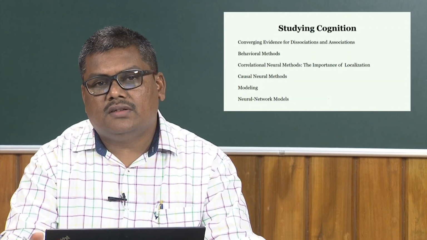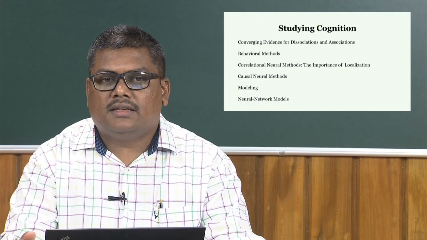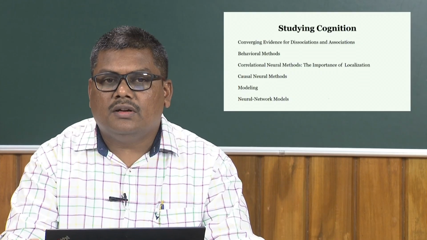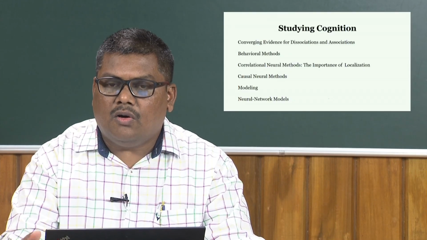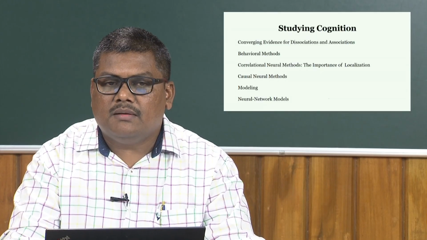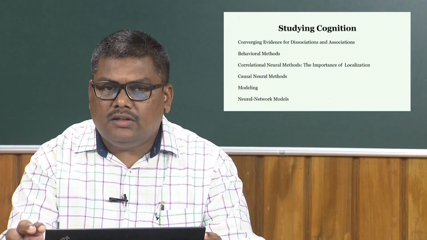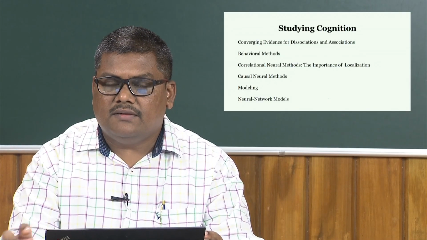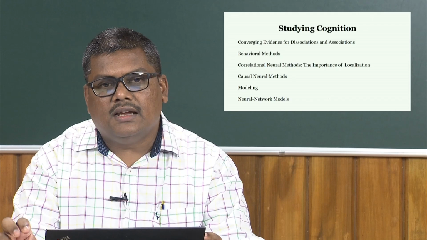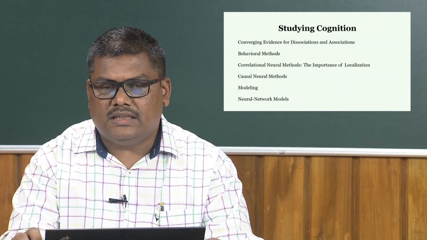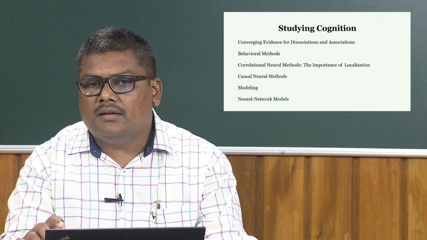Now, why is the study of dissociation and association important? It is important to find out which processes emanate from the same structure but lead to different tasks, and which different processes emanating from different brain areas converge onto a particular task, to find out the specificity of the process.